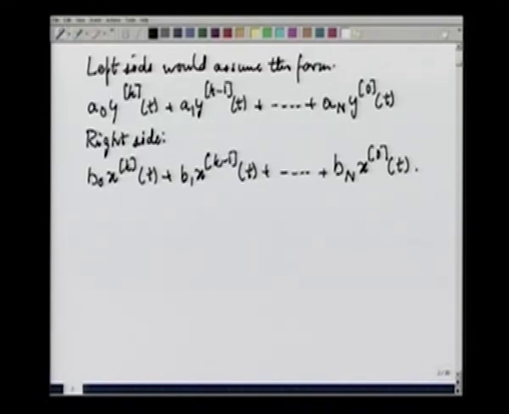Now, let us write this using the sigma notation to see what we get.